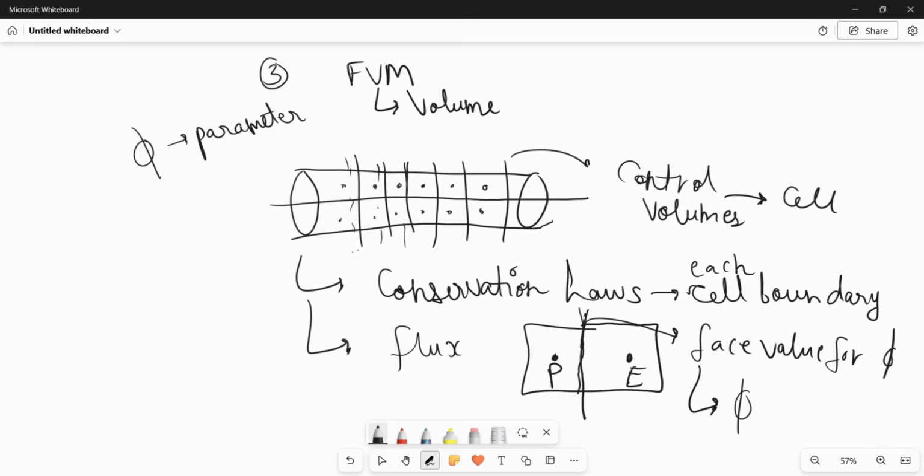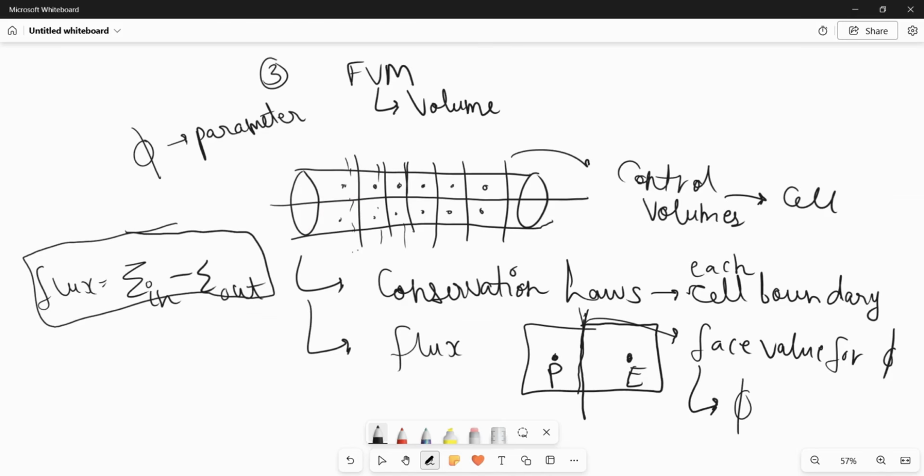Now flux, if anyone doesn't know, is sigma in minus sigma out. Whatever has come in minus whatever has gone out, that has to be conserved, right? That is the main idea of FVM, and that is what we use in CFD, correct?